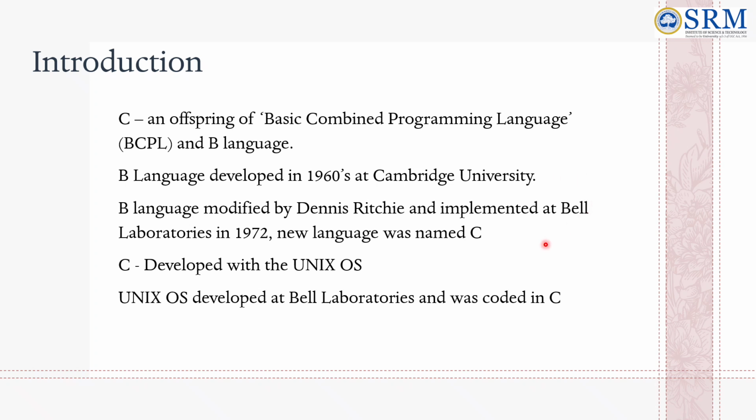B language was later modified by Dennis Ritchie and implemented at Bell Laboratories in 1972, and this new modified language was named C programming language. C programming language was developed with Unix operating system. Unix operating system was developed at Bell Laboratory and was coded using C language.